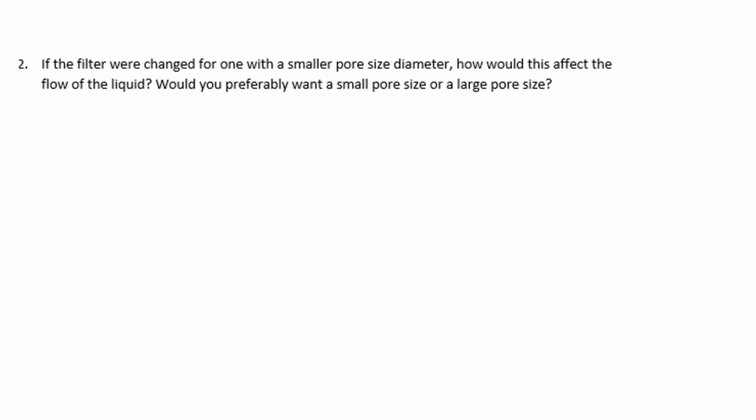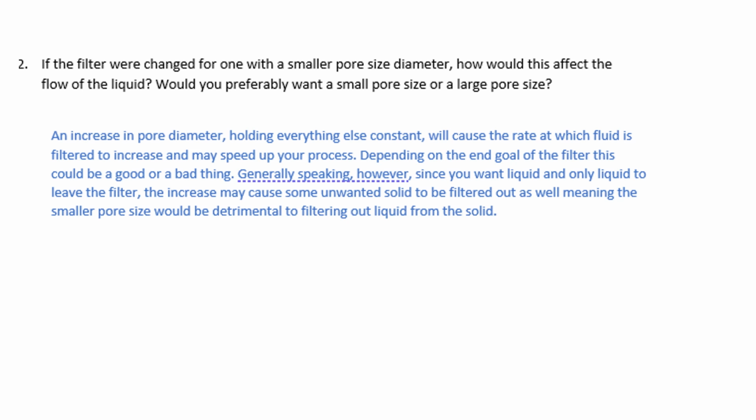So the conceptual for B3, I reworded the question a little bit just to be a little clearer. It reads, if the filter were changed for one with a smaller pore size, how would this affect the flow? Generally the same question, and so the answer is about the same.